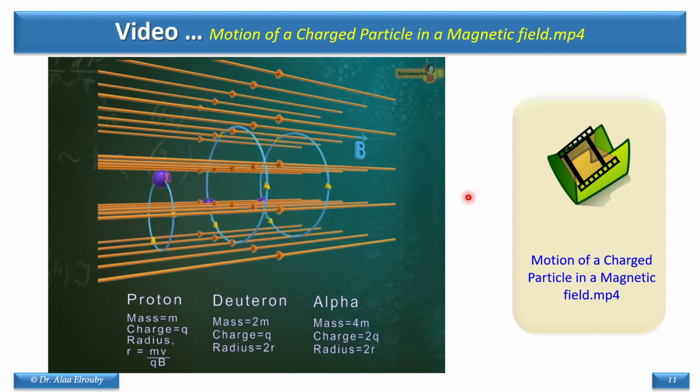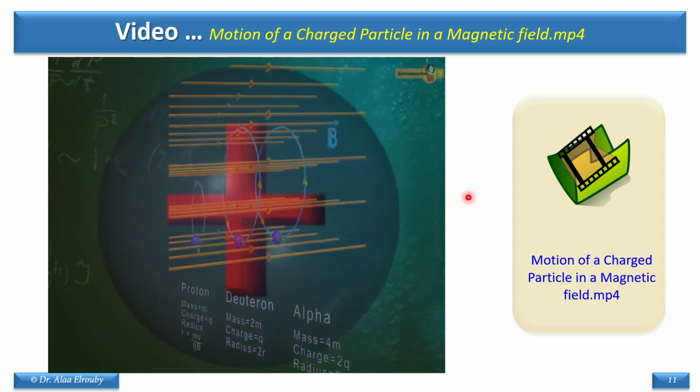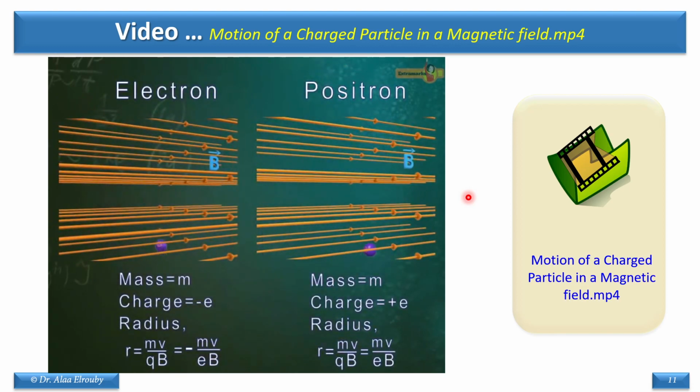Since the radius of the circular path depends on the charge and mass of the particle, it will be different for different particles. Next, we consider an electron and a positron moving with the same speed in the same direction. On applying the field, they traverse the circular path in opposite directions due to opposite charges.